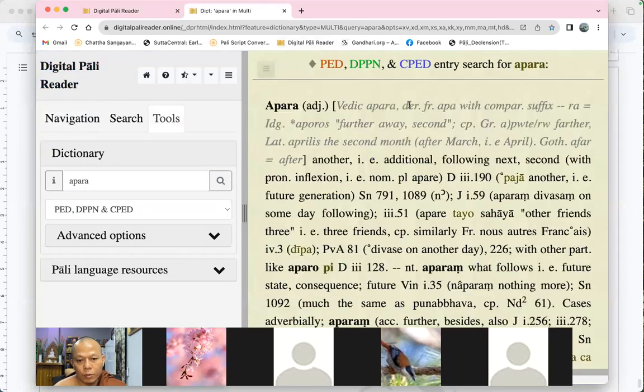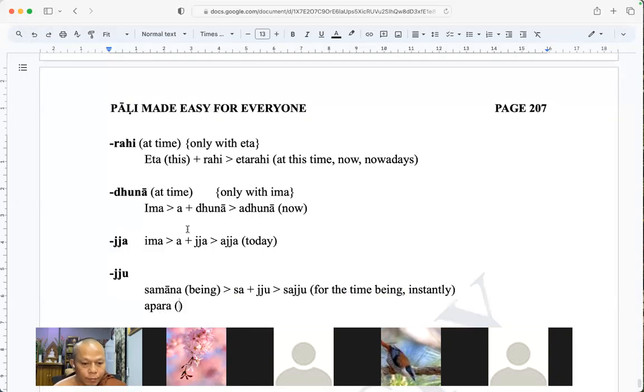Yeah. So abara means maybe another, okay, addition or following, or something like that. Okay, another.